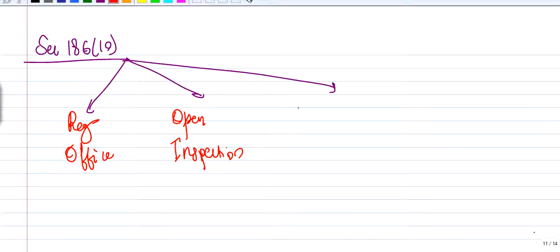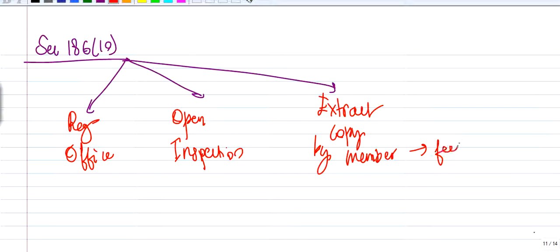And the third point, members can take extract copies. Of course they have to pay the fees. So this is with regard to subsection 10. In this, an MCQ is possible whether members can take extract copy of the register of the section 186 loans, guarantees, etc.